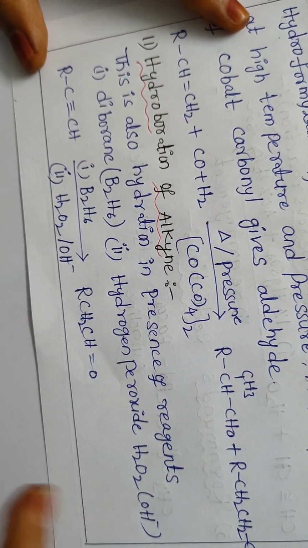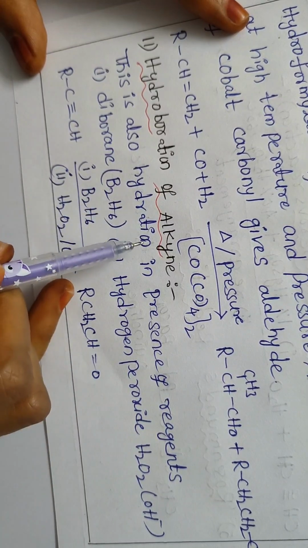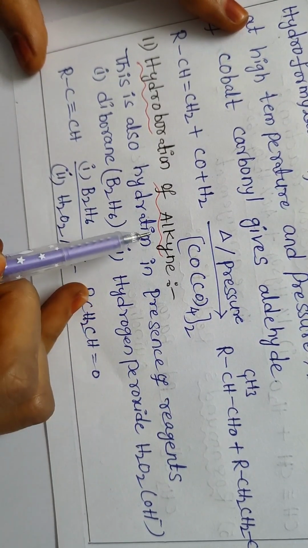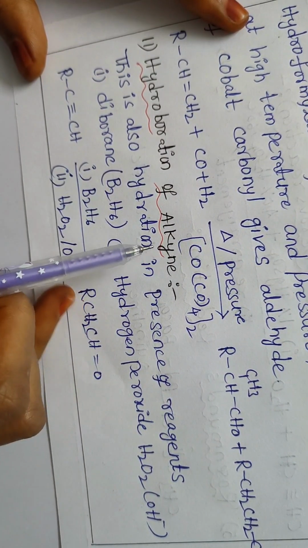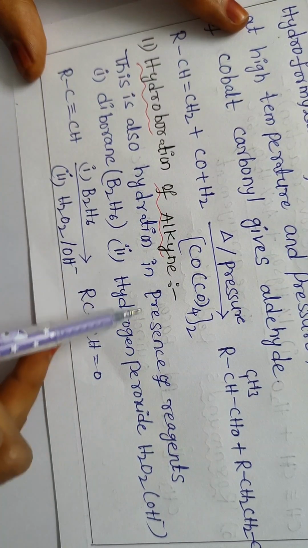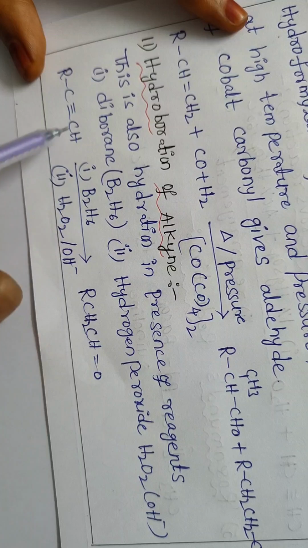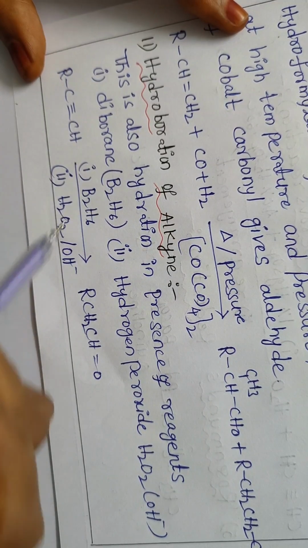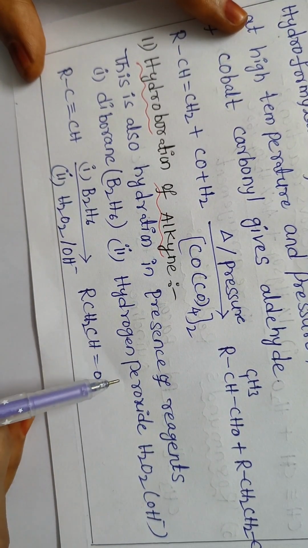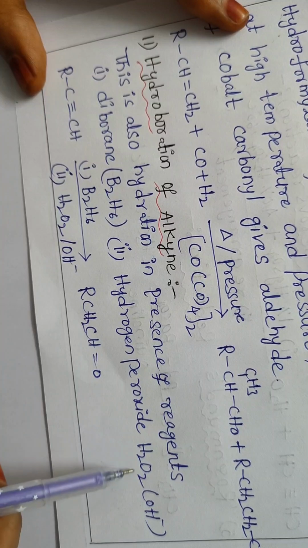Next, hydroboration of alkynes. This is also hydration, in the presence of the reagents diborane and hydrogen peroxide. Diborane B2H6 and hydrogen peroxide H2O2.